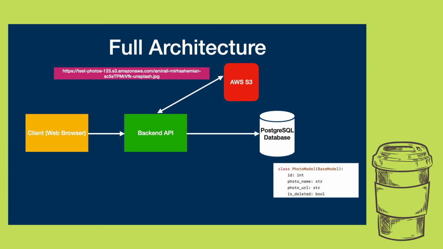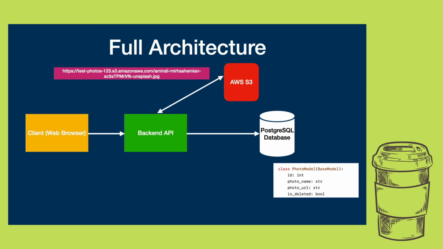The backend API is going to take the image as a binary data blob and then go ahead and upload it to AWS S3. Once it uploads it to AWS S3, you can recreate the URL that the photo was just uploaded to, and then you write that URL in your PostgreSQL database. You give it the file name and ID, photo URL, and you just store it on there.